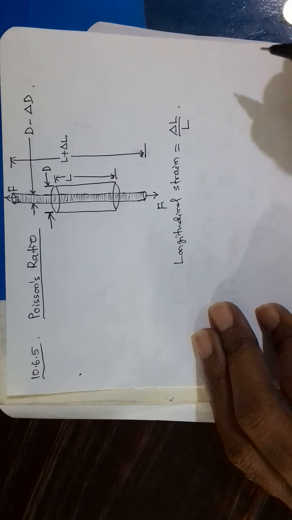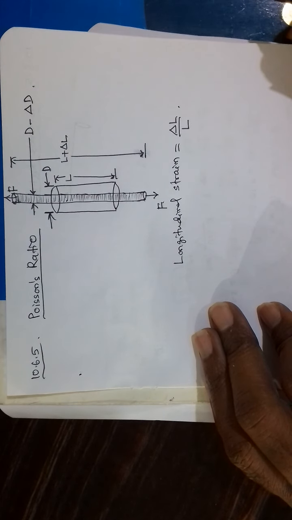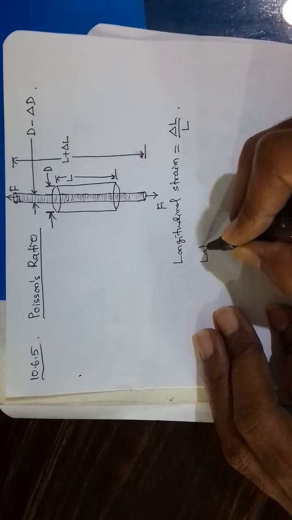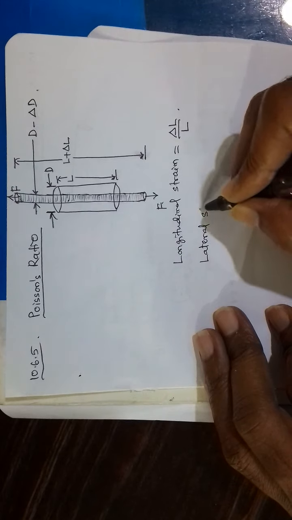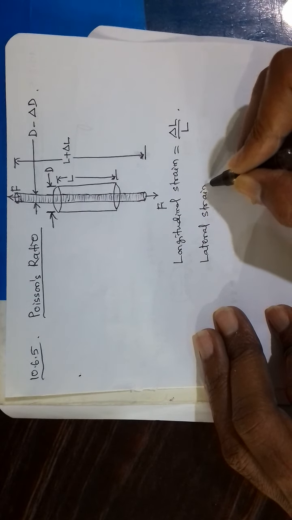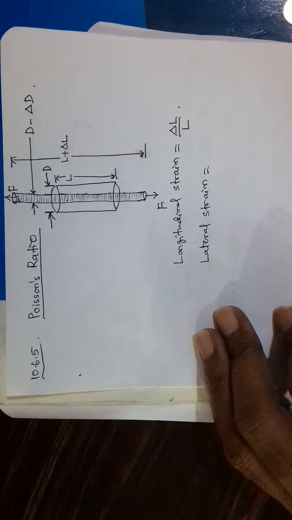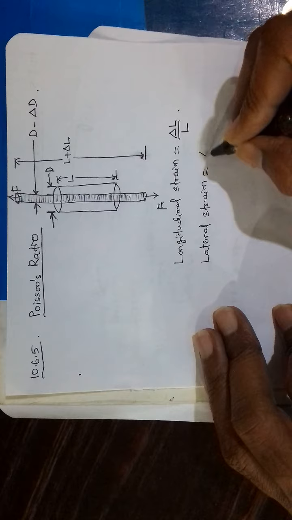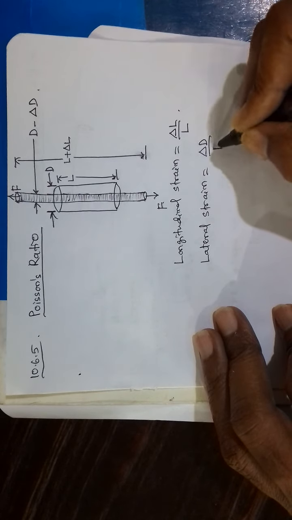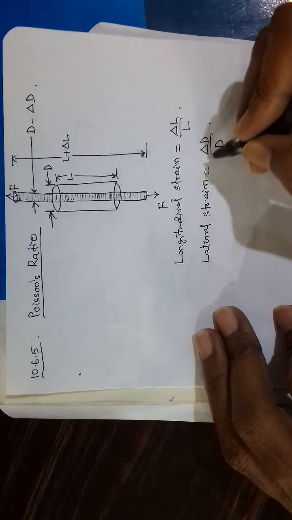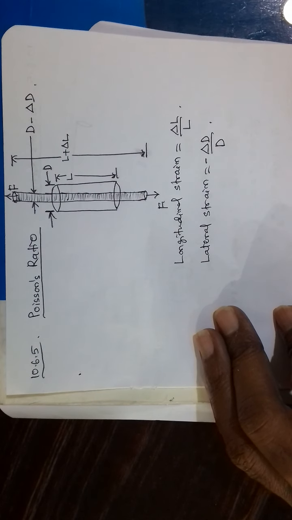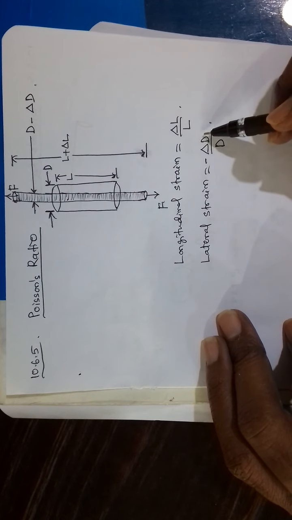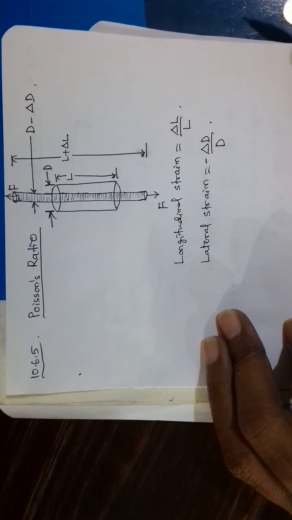Now he introduced another physical quantity, and that is lateral strain. When length increased, diameter decreased. So lateral strain means decrease in diameter by original diameter. Here we use a minus sign that represents decrease in diameter.